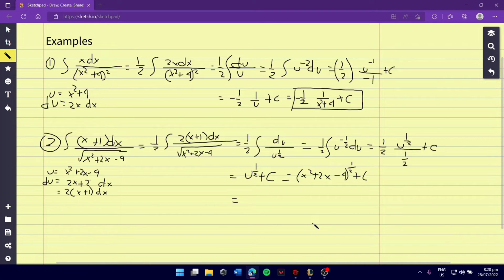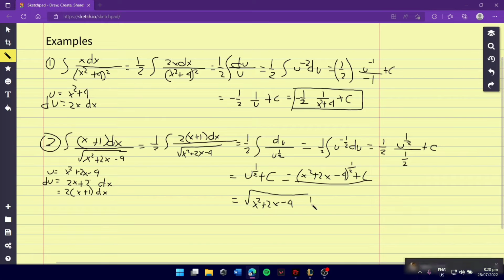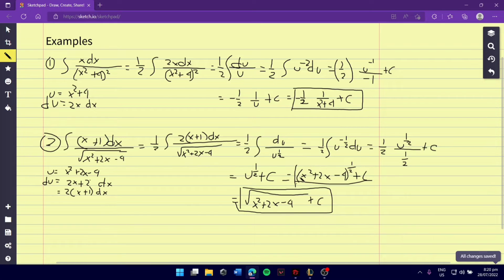This is now our final answer, or we can write the square root of x squared plus 2x minus 4, then add our c. So both are correct. Both are the same answers.